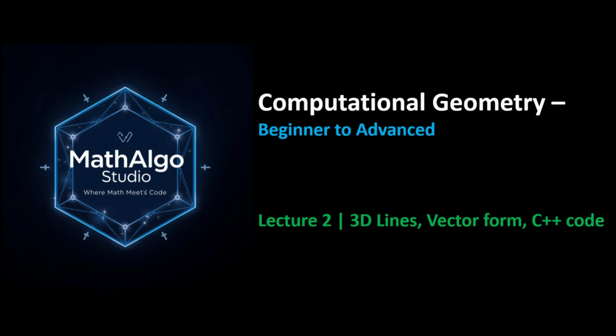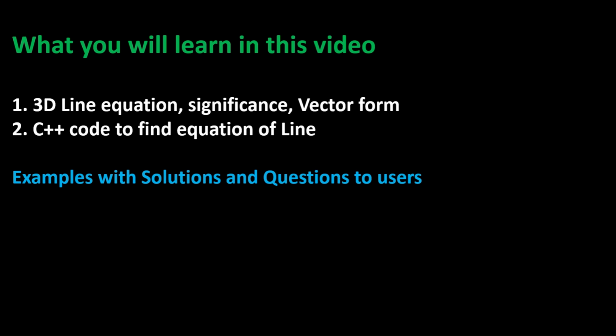In this series on computational geometry, from beginner to advanced, we are building strong geometric foundations with a clear focus on implementation. In Lecture 2, we move into three-dimensional lines. We'll understand the 3D line equation, represent it using vector form, and most importantly, see how these concepts are implemented in C++.